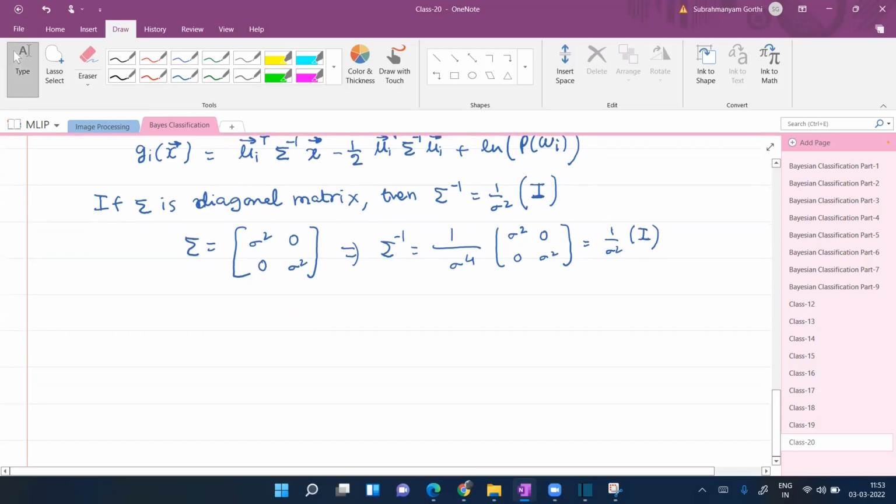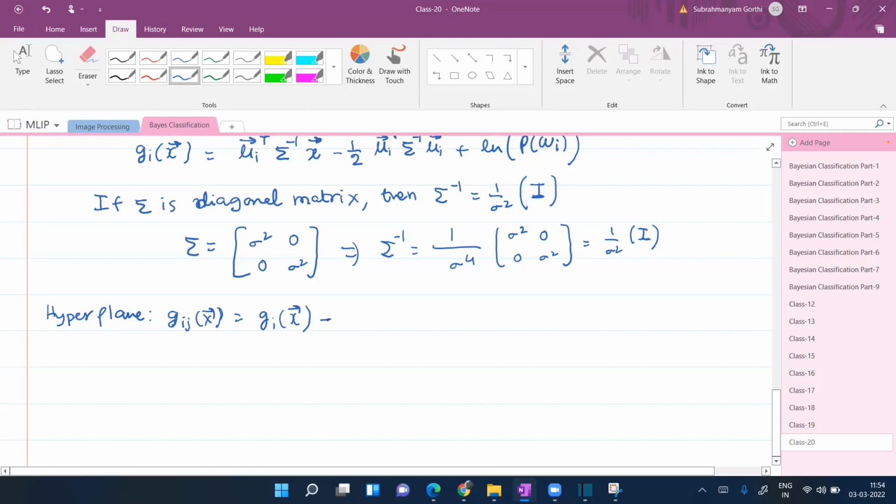Okay. What my goal is now is to compute the decision plane. How do I compute that? By making Gij of x bar equal to Gi of x bar minus Gj of x bar, from the discriminant functions.